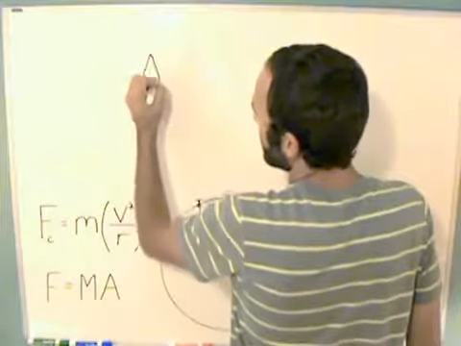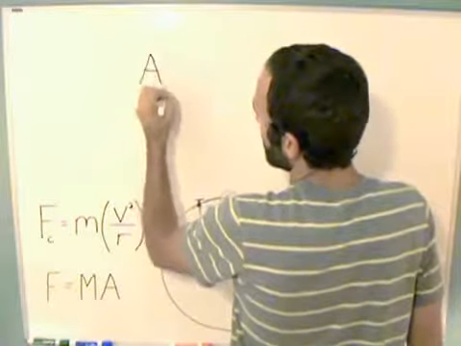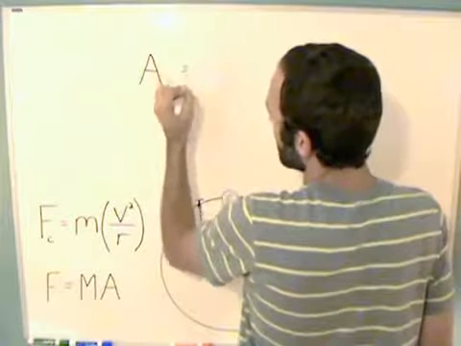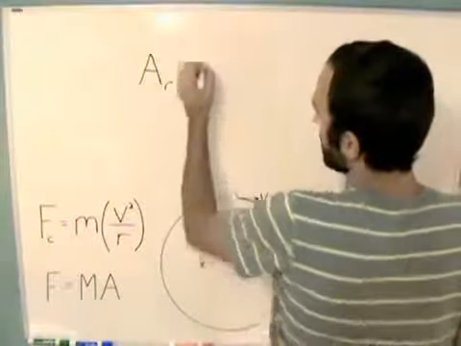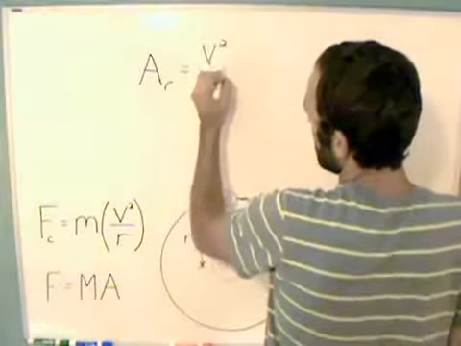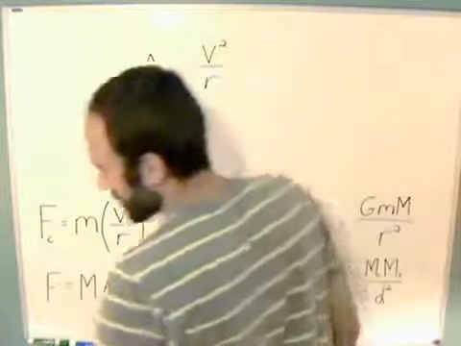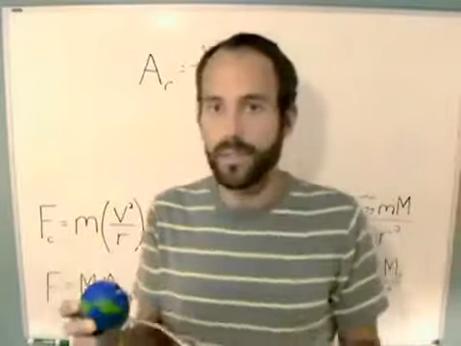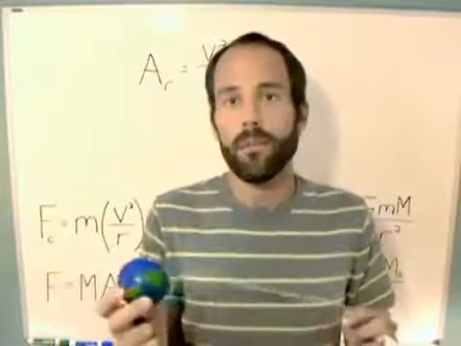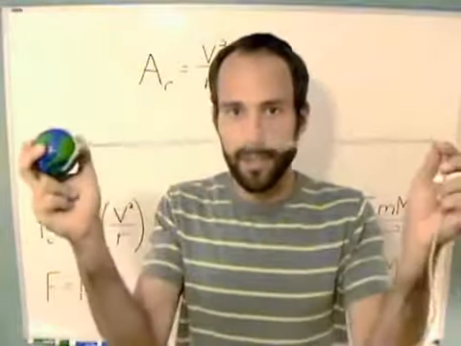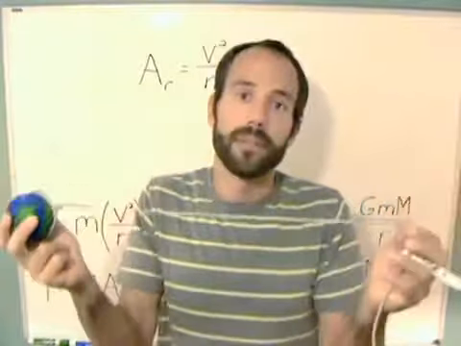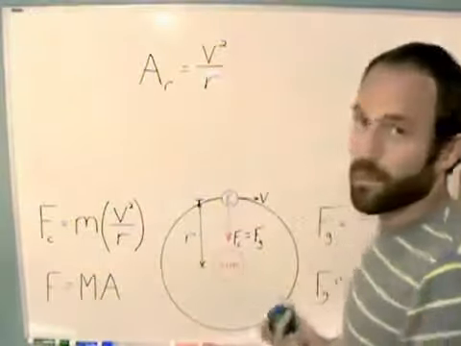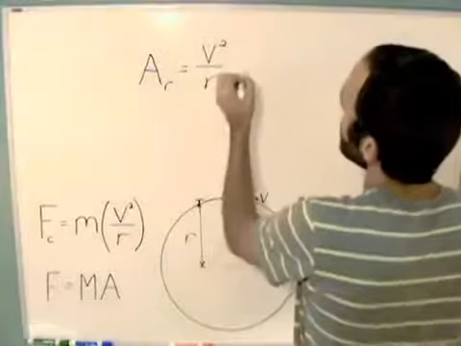centripetal acceleration, a sub r, as it's commonly called, is equal to v squared over r. And let's say, just for a quick example, that when I'm spinning this, it's traveling at 1 meter per second, and let's say that the length of this string is 1/10 of a meter, just to keep it easy, which is 0.1 meters.